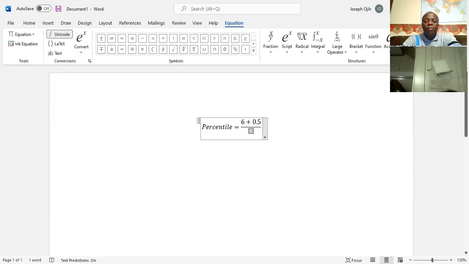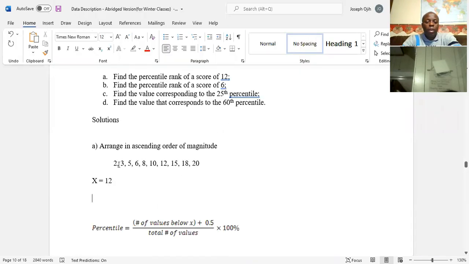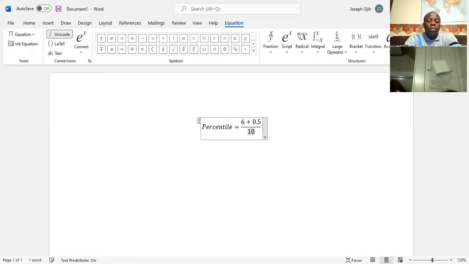How many numbers do we have there? 1, 2, 3, 4, 5, 6, 7, 8, 9, 10. So 10 of them. You go there and put 10, and times 100%.